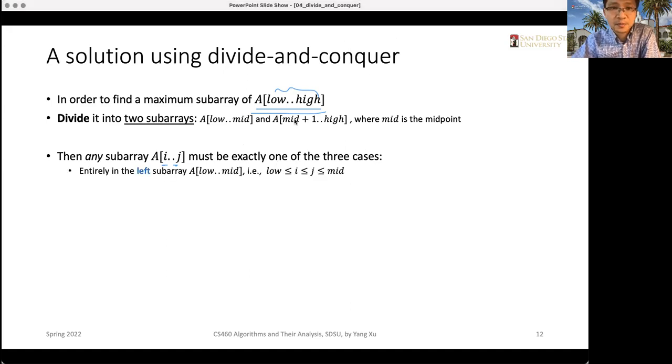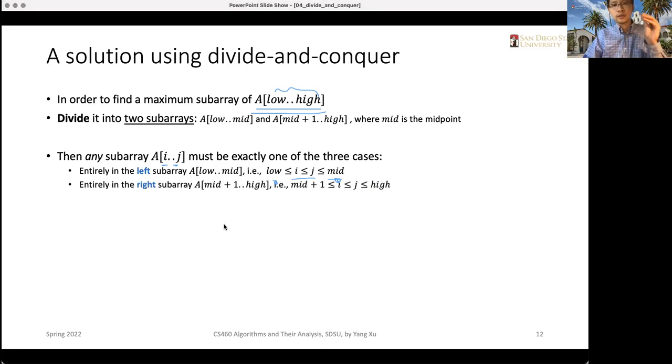The first case is that it's entirely in the left sub-array, which means the two indices I and J are greater than or equal to low and bounded by mid. Or they are entirely in the right sub-array, which is bounded by mid plus one to high. That's two cases.